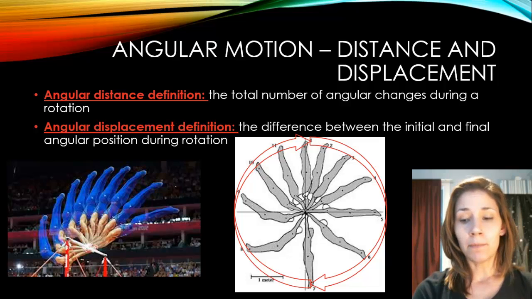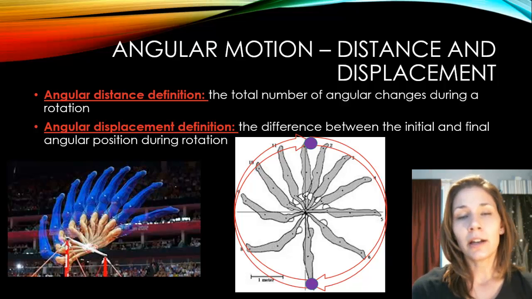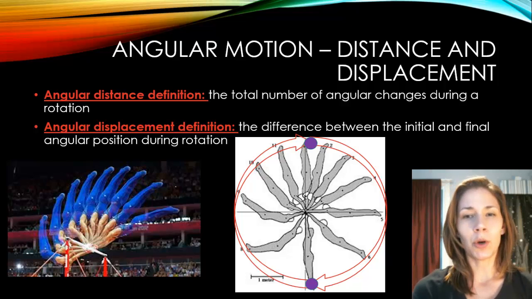However, for displacement, you start from the top, go to the bottom, which is 180 degrees, but then finish back up at the top again, so the actual difference is 0. So the angular distance would be 360 degrees because he's traveled that far, but the actual difference between where he started and where he finished is 0 degrees because he started and finished in the same spot.